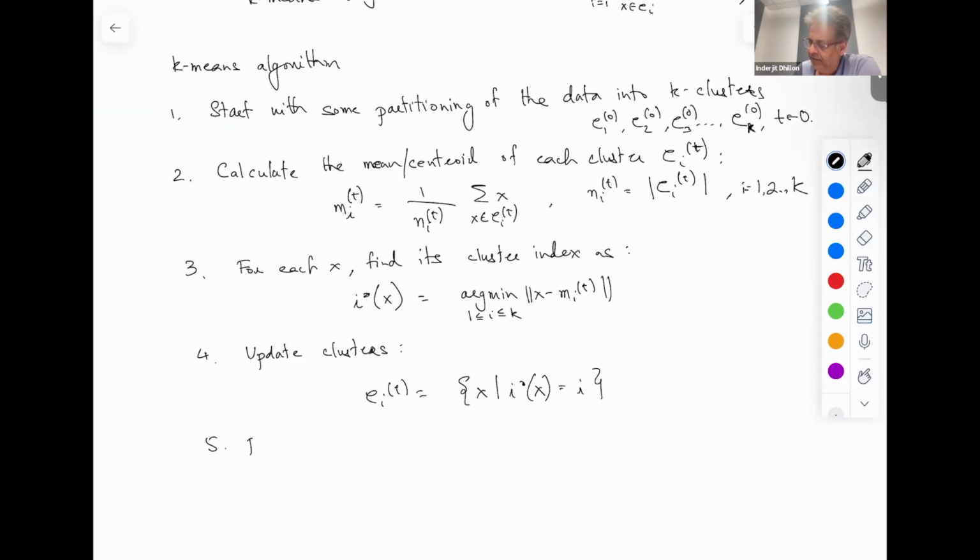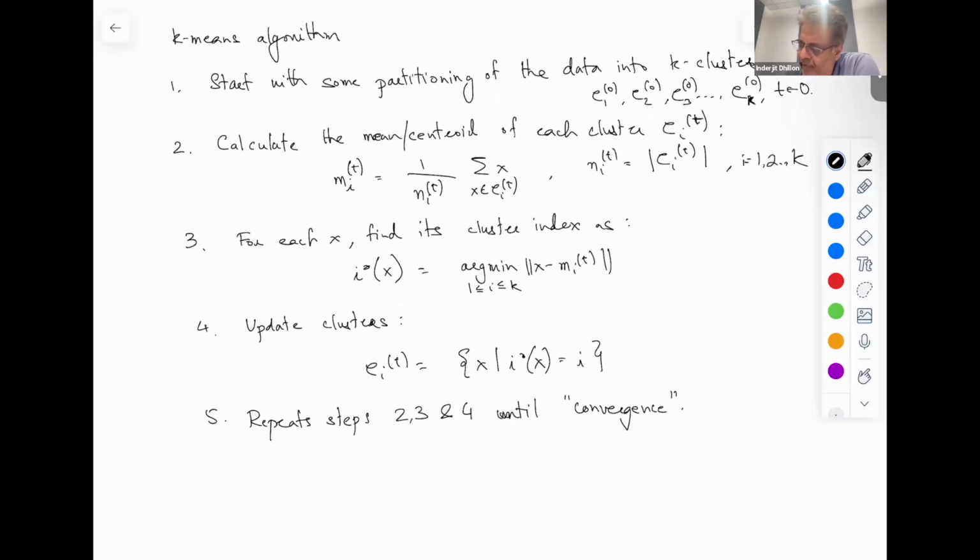And then it repeats steps 2, 3, and 4 until convergence, and we'll talk a little bit about it. Convergence is typically when points don't move at all from one cluster to another, or you could have some other criteria.